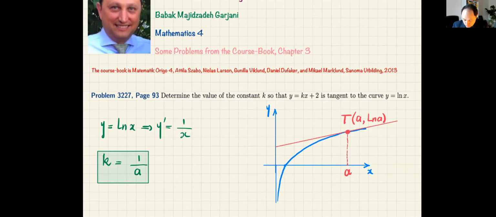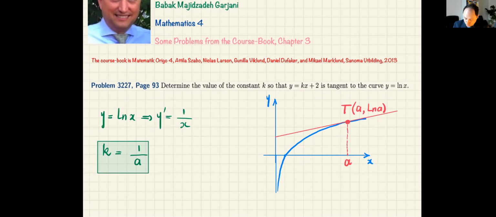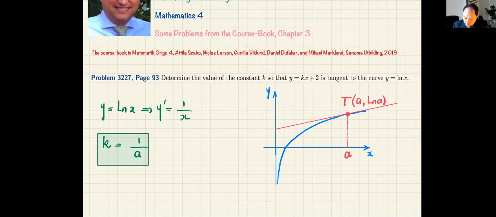Okay, so what's happening now? I know another thing, and I also know that this point of tangency is also on the tangent line. So it means that its coordinates should satisfy this equation. So instead of y, I put ln of a.